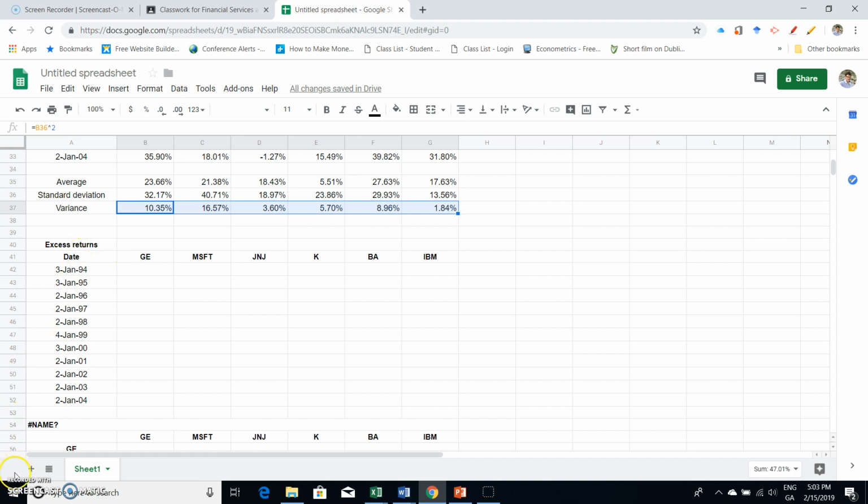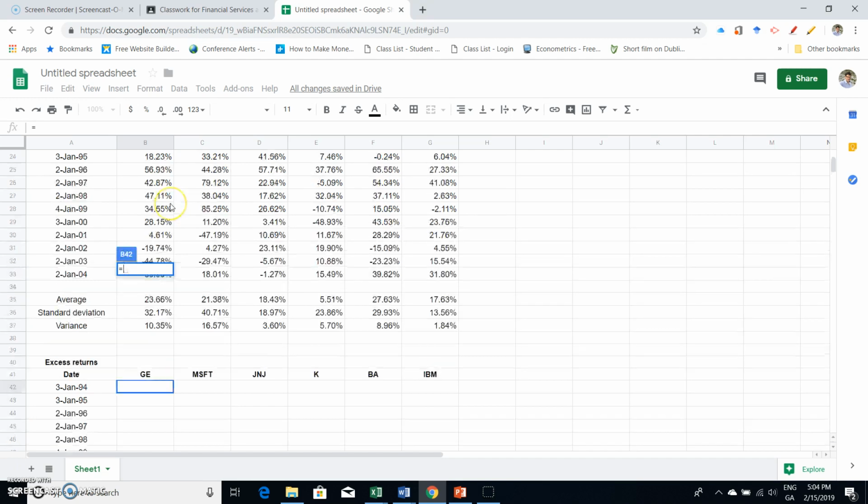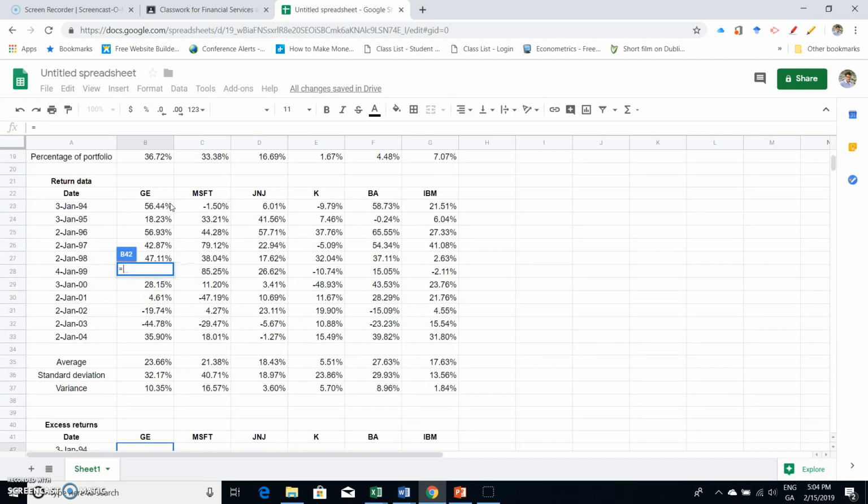estimate the excess returns. Okay, so to estimate the excess returns, we come here to B42 and we say equal to, and then we go back up, right? So we come back up here to our 56, the first return, and we subtract away the average return.